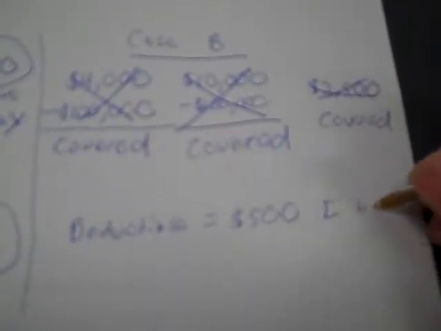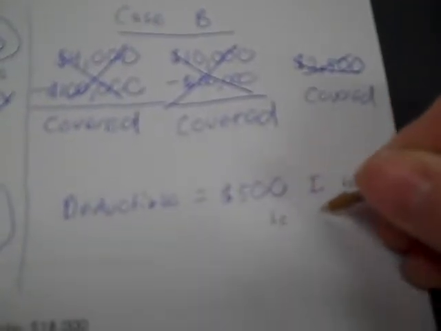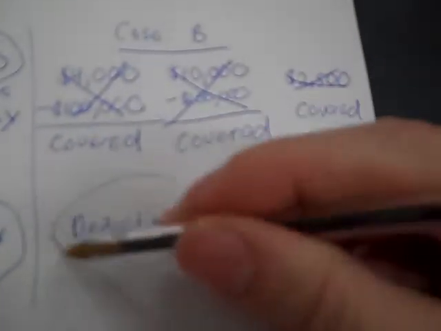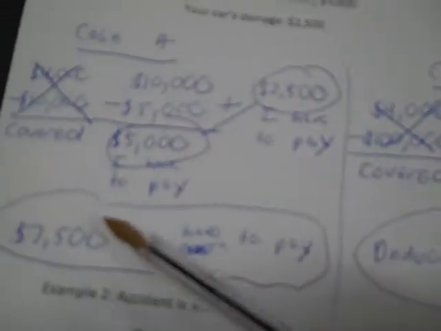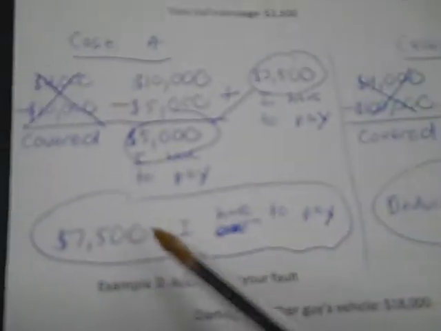So I have to pay. Okay? So here I have to pay $7,500. If I have this insurance, I pay $500.